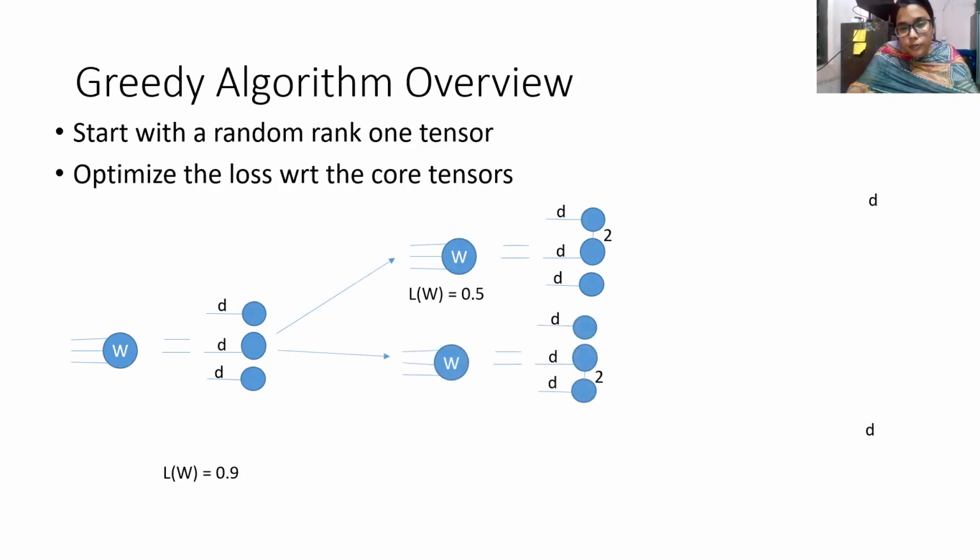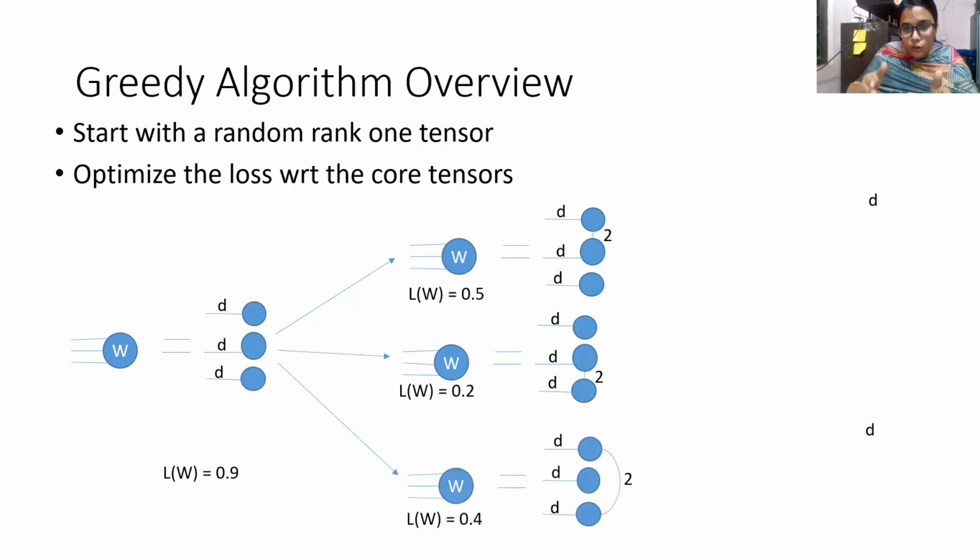When nodes 2 and 3 are connected, there is a 0.2 loss function, and if we connect nodes 1 and 3, the loss function will be 0.4. So as you can see, the minimum loss function is 0.2. We will extend this branch and ignore all other branches. That's the main thing.